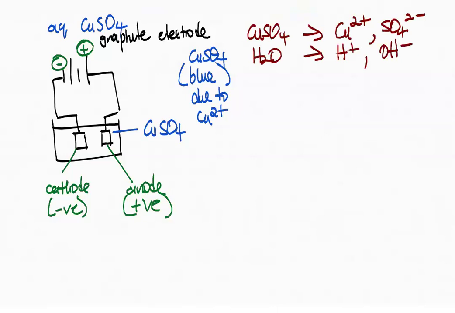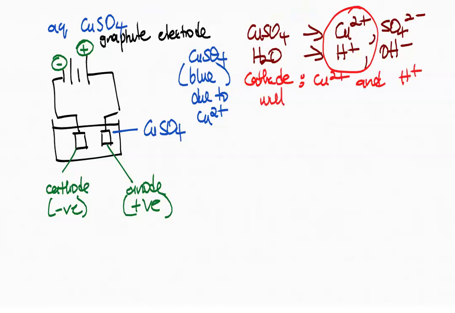What ions will migrate towards the cathode? Cu2 plus and H plus will migrate. Both of them rush towards the cathode, but only one will be preferentially discharged.